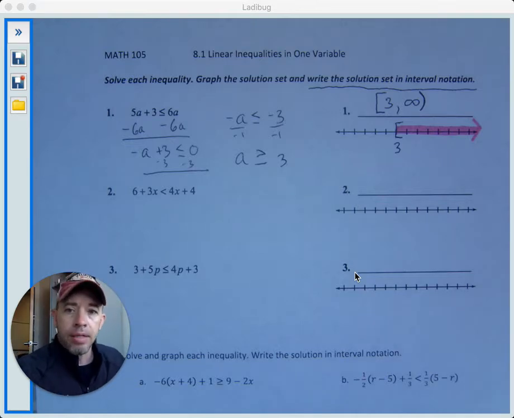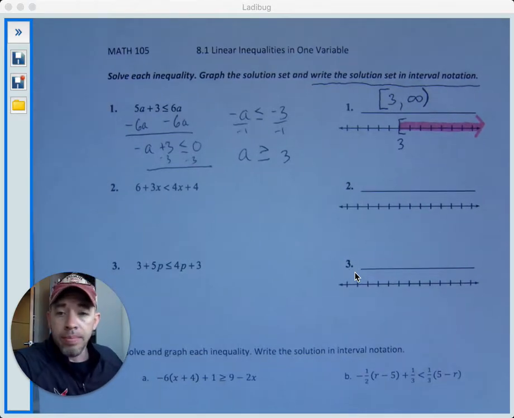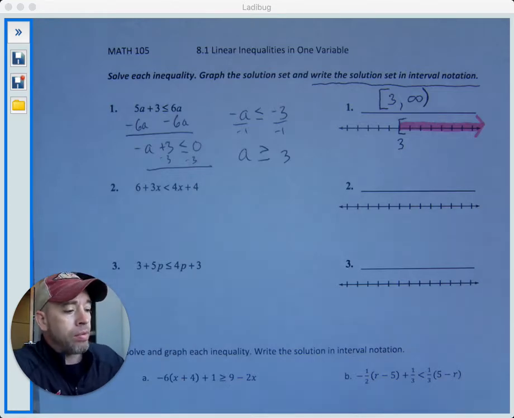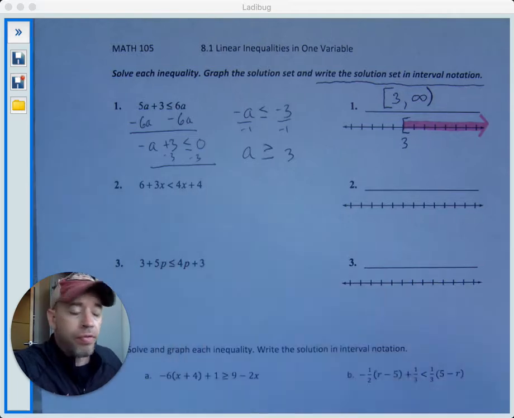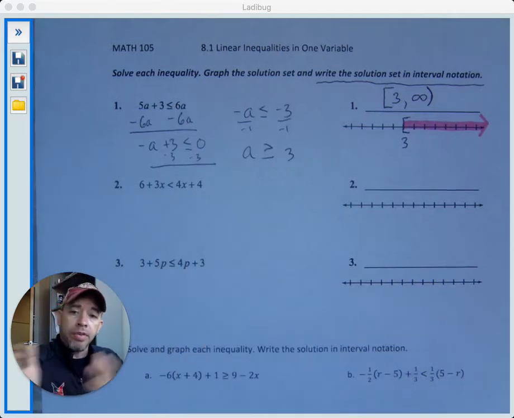Now let's look at the next one. It might not be a bad idea for you to try this one on your own. Pause the video and then you could check your work with mine. Alright, so we have 6 plus 3x is less than 4x plus 4. Again, I'm going to get all the variables on one side and the numbers on the other.